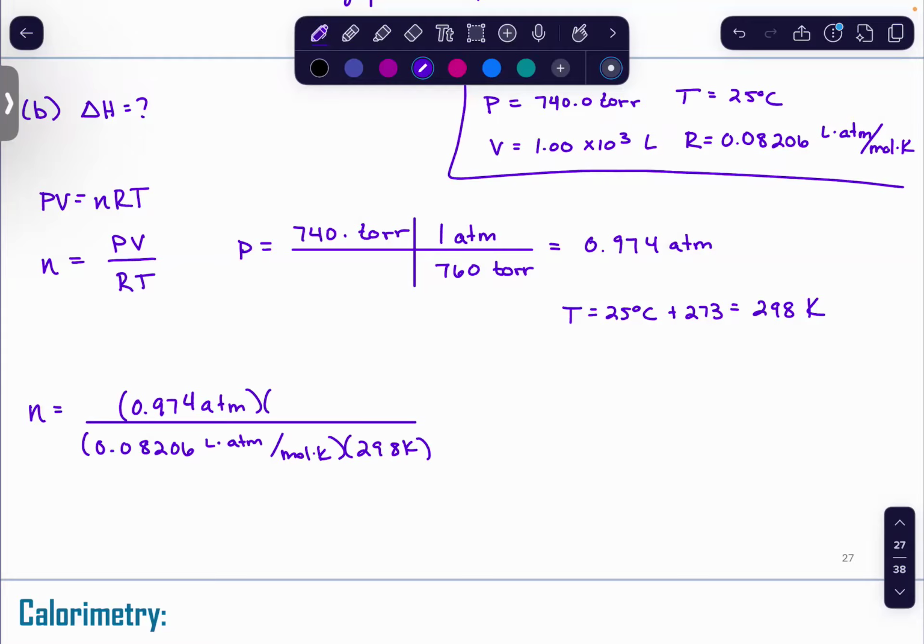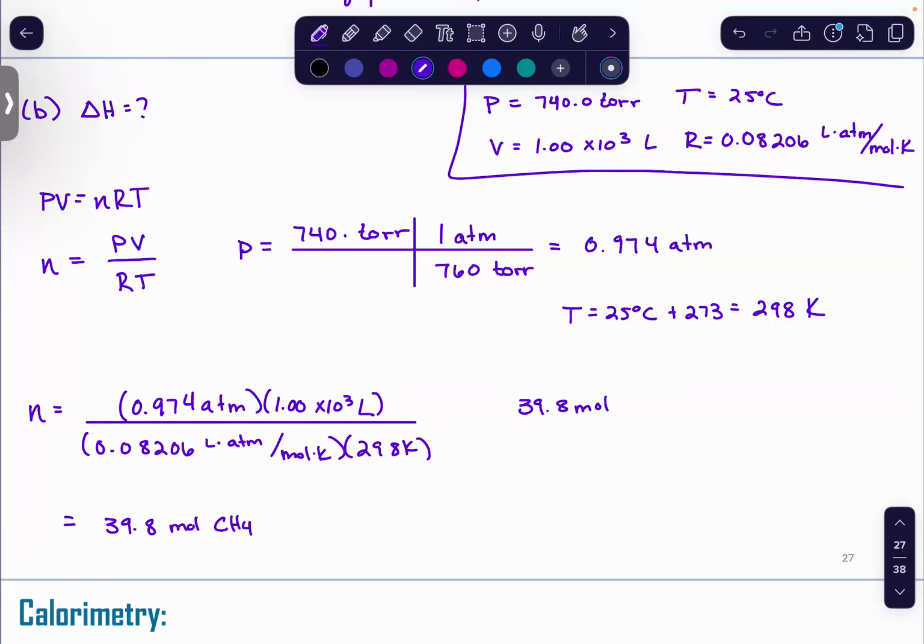And then volume, 1.00 times 10 to the third liters. We are going to get, let's put it down here, that is going to give us 39.8 moles of CH4.